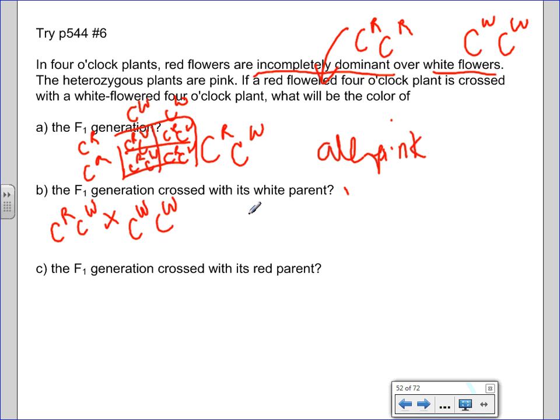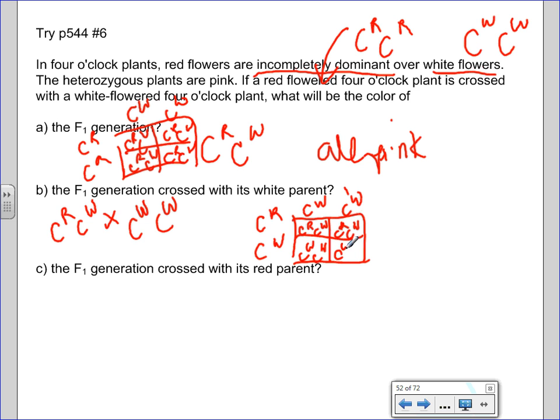That means one of them can give an R or a W, and the other would give a W or a W. So we'd end up with CR CW, CW CW, CR CW, CW CW.